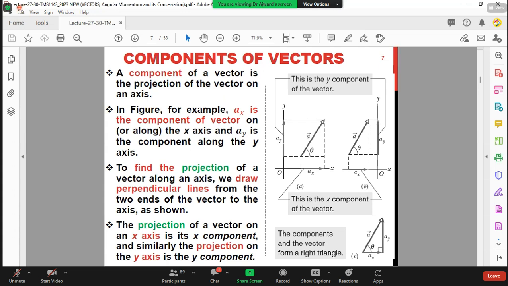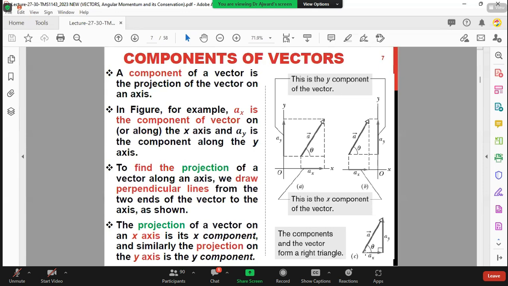Any questions? Since all parallel vectors are equivalent, I can draw the same thing as in figure C. So the vector A can be decomposed into two components, the x component AX and the y component AY.